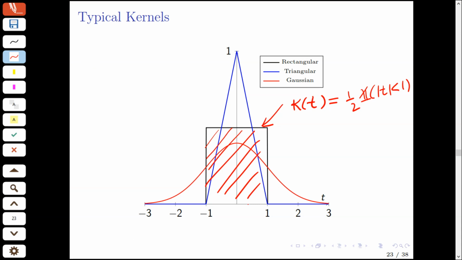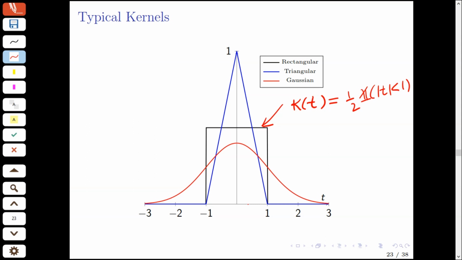But that's not too crucial. Now this type of weight, the rectangular type of weight, again, only uses the information that we are within the window of opportunity, but not any notion of proximity.